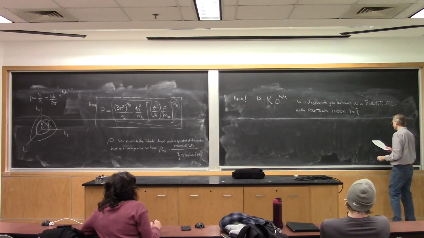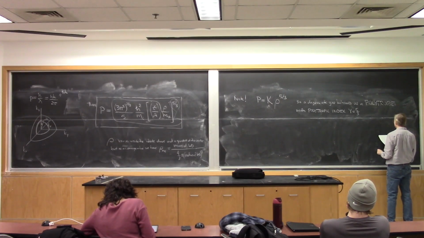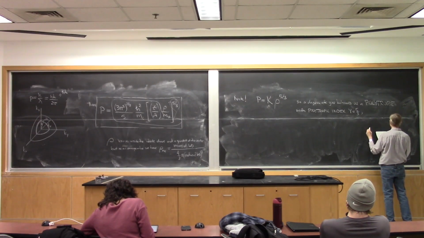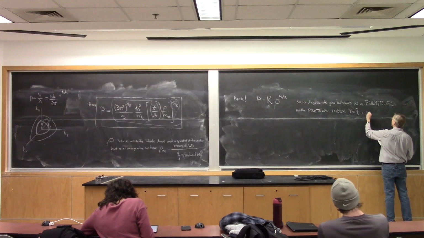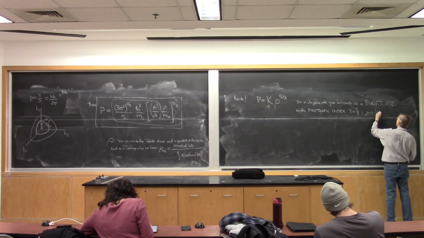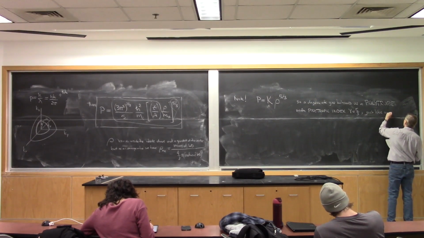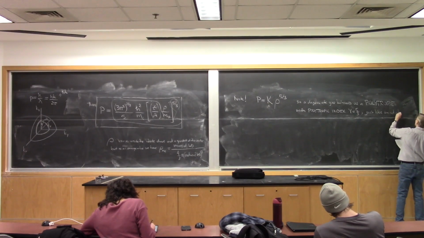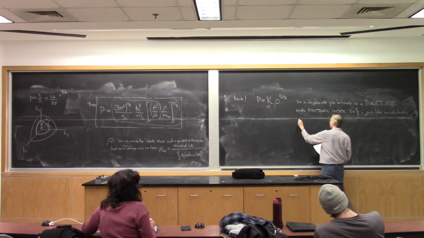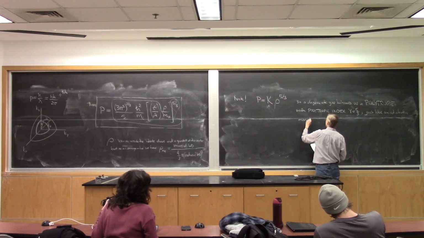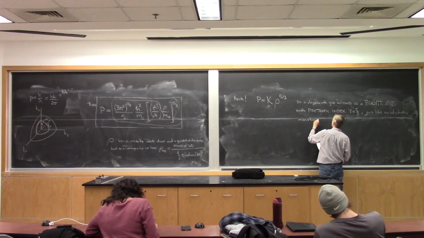Gamma equals 5/3, just like an adiabatic monatomic ideal gas.